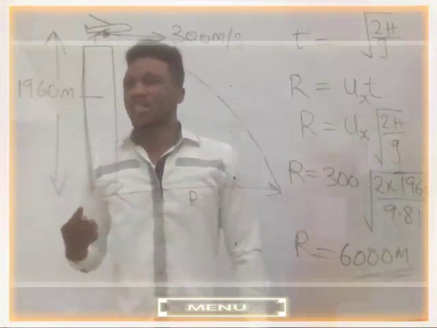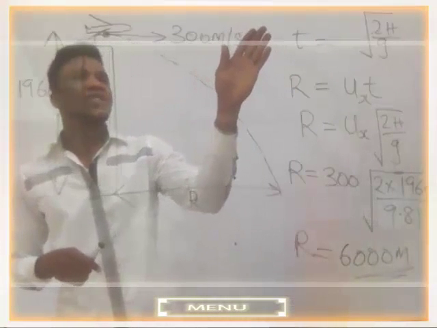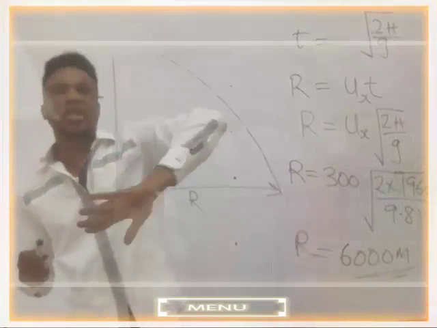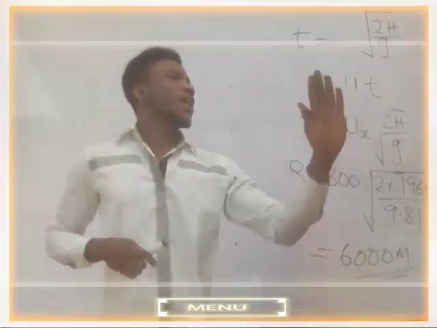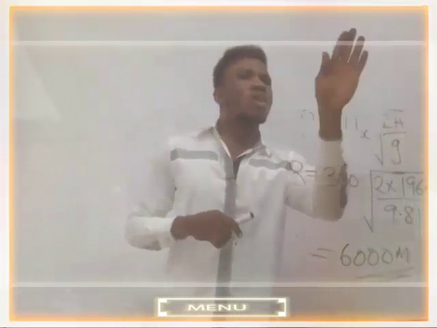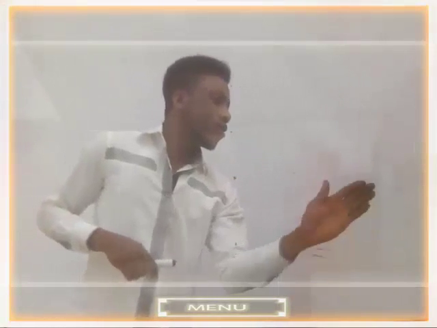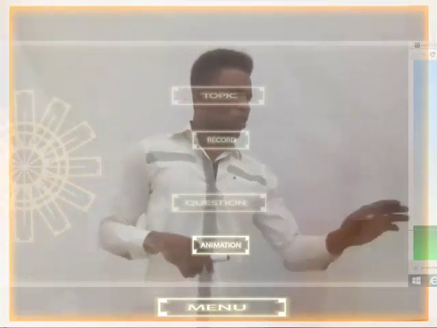So the third type of projectile motion, which is the final type, let's quickly clean up the board and go straight to our animation.